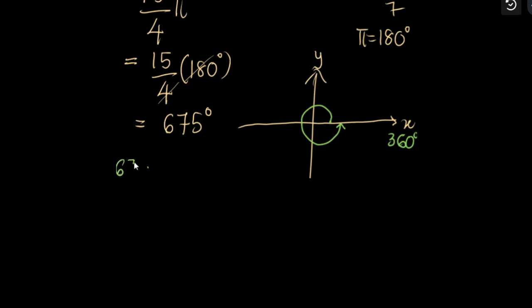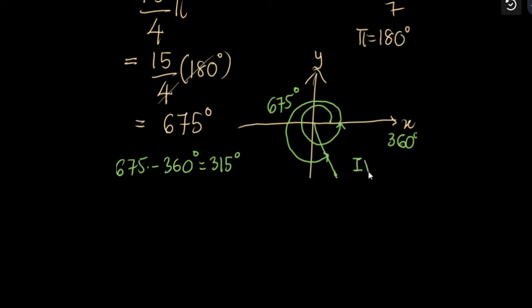So let me take 675 minus 360. What's the balance? 315. So I need a balance of 315. Where should I stop? This is 90, 180, 270 and 315. Stop somewhere here. So this whole thing is 675 degrees and your quadrant is quadrant 4.